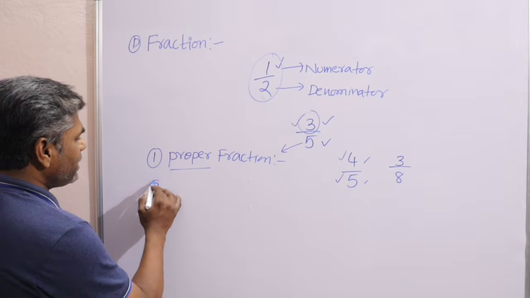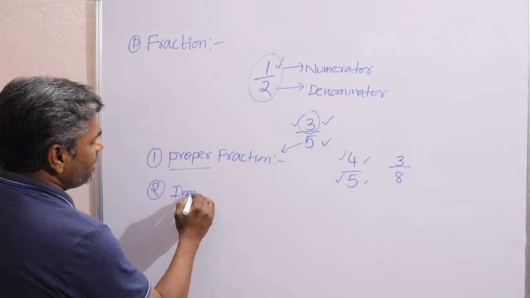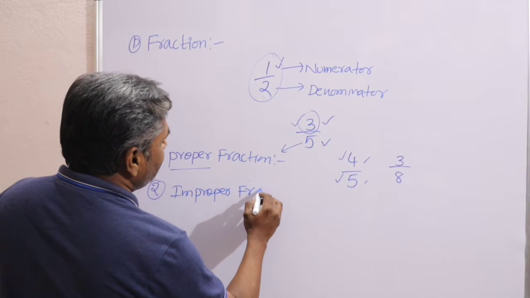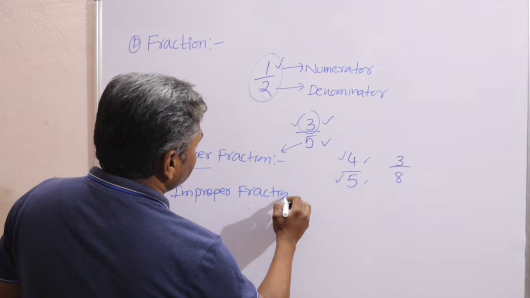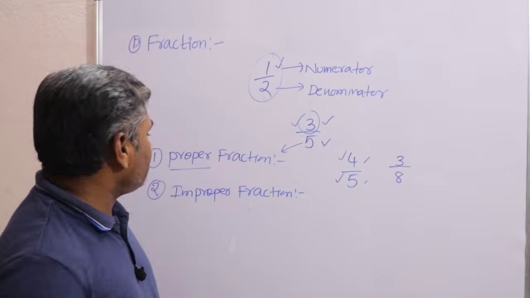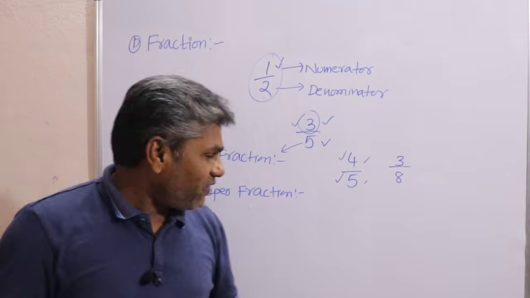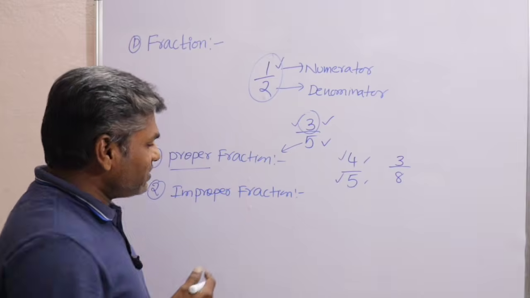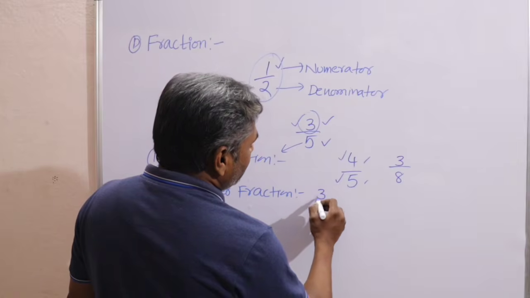Next one is improper fraction. Again the name says it's improper. That means the opposite of proper is called improper fraction. Suppose I am writing 3 by 2.